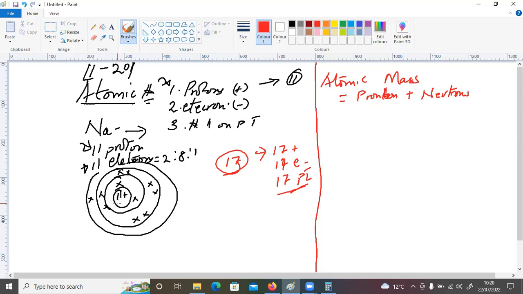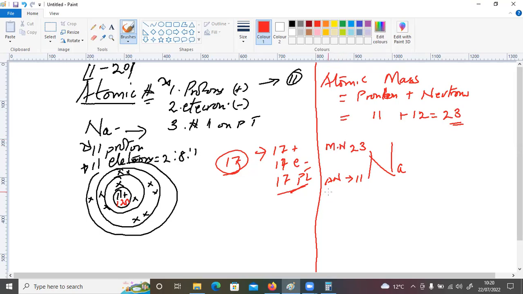Sodium is well known to have 12 neutrons, so if he has 11 electrons, 11 protons and 12 neutrons, his mass number must be 23. You see sodium written as sodium 23 as superscript and 11 like that. This number here is the atomic number. That number here is the mass number.